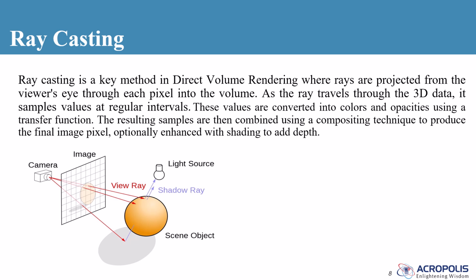We will also understand transfer functions in upcoming slides. The resulting samples are then combined using a compositing technique to produce the final image pixel, enhanced with shading to add depth. Here is a diagram shown for ray casting, where we can see a camera, image ray, light source, shadow ray, and scene object.